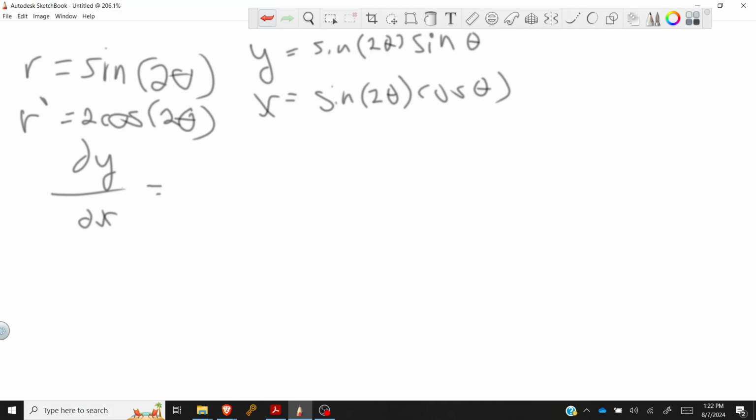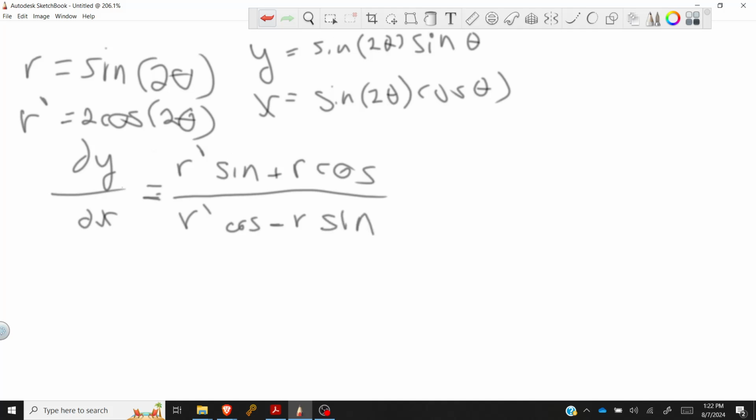So now we need to do our dy dx, and this is going to be the derivative of this over the derivative of this. So let's do that. It's going to be in a form of r prime sine plus r cosine over r prime cosine minus r sine.